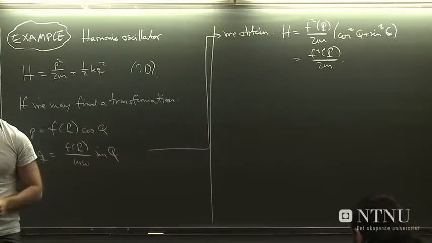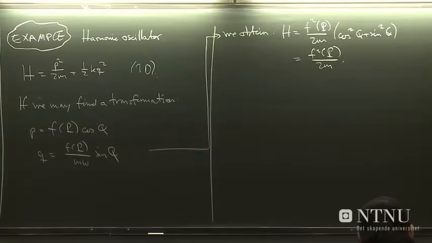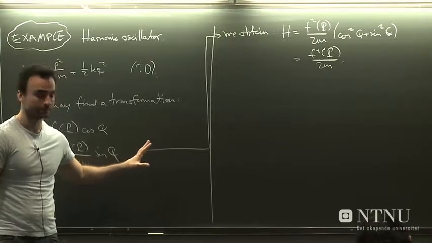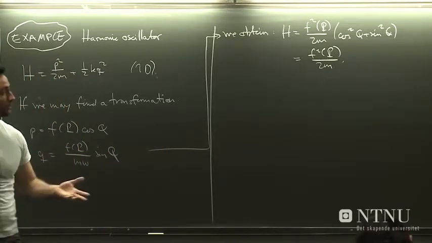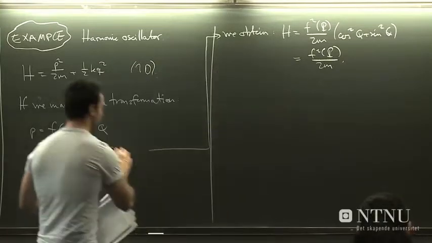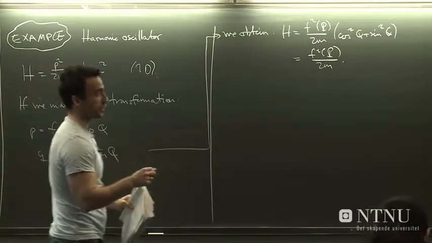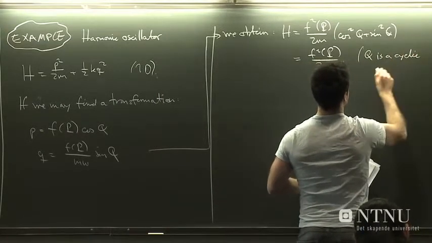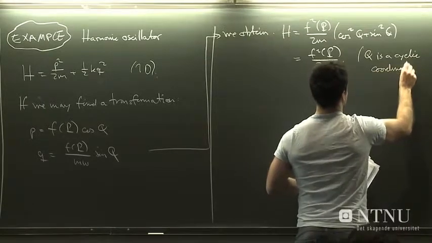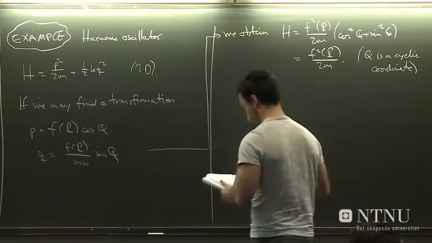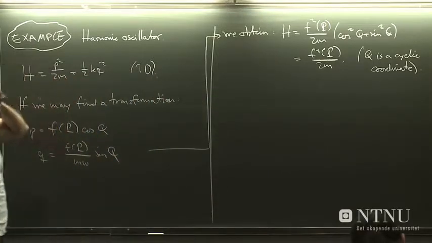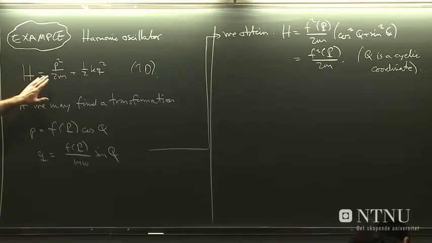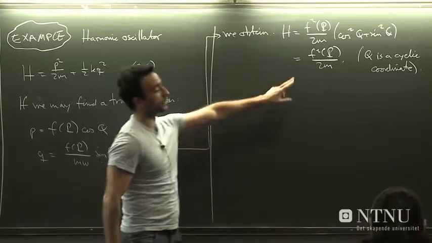It's then a cyclic variable. Now cyclic variables we are especially fond of, because that means that we have some symmetry in the problem, and hence something is conserved. So by means of this transformation, we're making Q, large Q, cyclic. So that would be pretty good. We would have reduced the difficulty of the Hamiltonian because it now depends only on one variable.